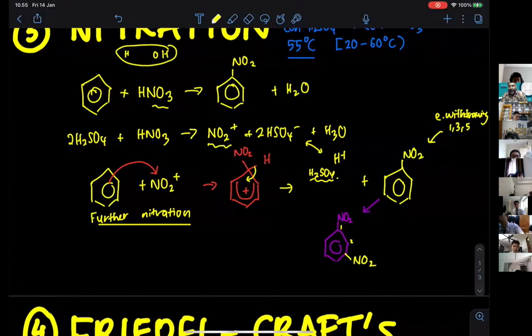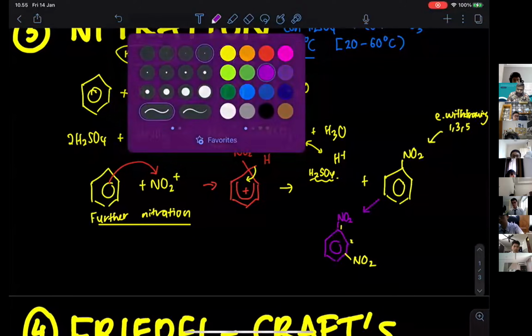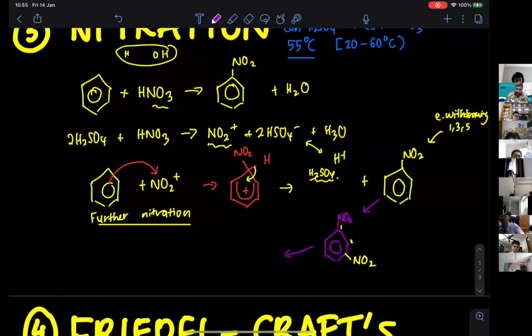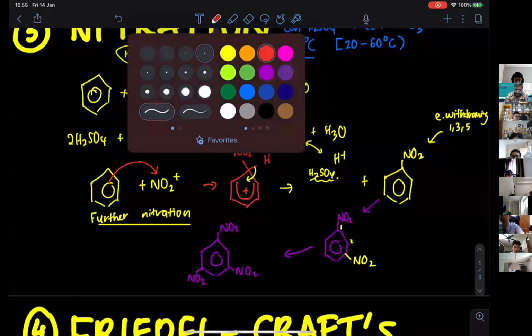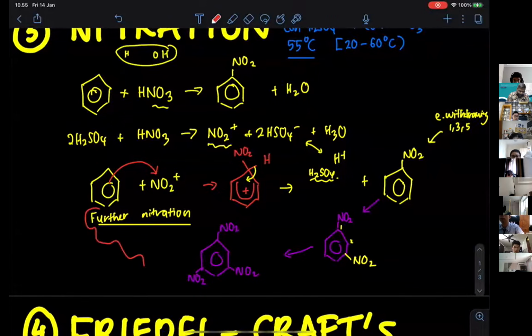And another further nitration can happen, where they continue to react to give you the 1, 3, 5. So I'll put NO2 at position 1, 2, 3, 4, 5. So this is NO2. This is what they meant by further nitration.